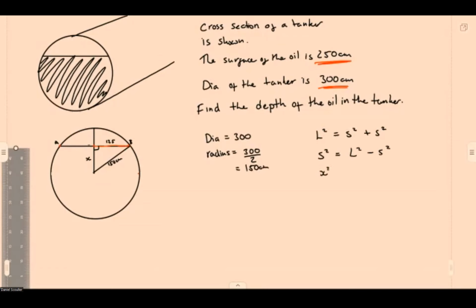Short side we've labelled on there as x. My long side's 150 squared minus 125 squared. x is equal to the root of whatever that is, 6875. So x equals 82.92 centimetres.